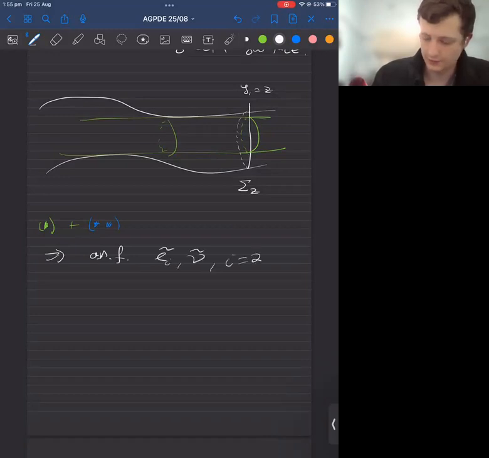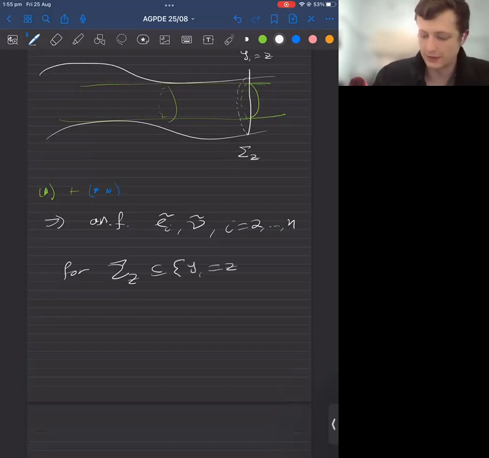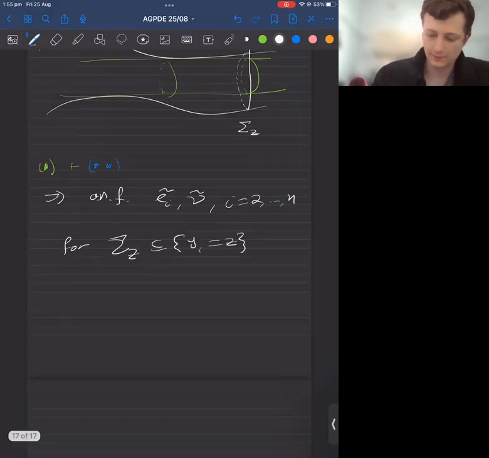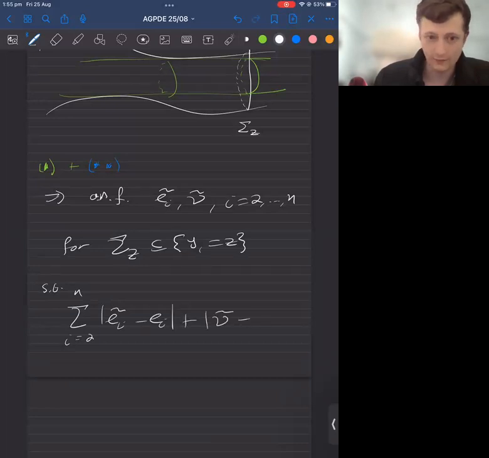This is for i equal 2 to N. Or I should say an adapted orthonormal basis, right? For this plane, such that, and then we want the sum from i equals 2 to N, and this compares nicely with the other frame we have.